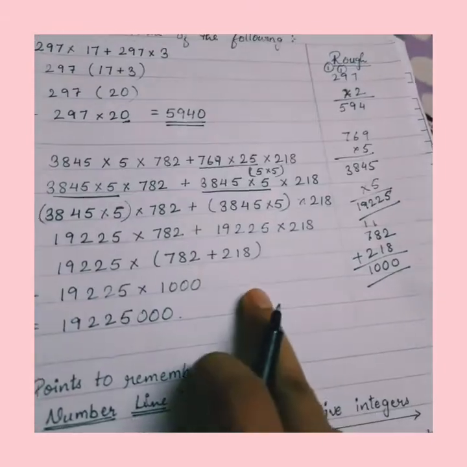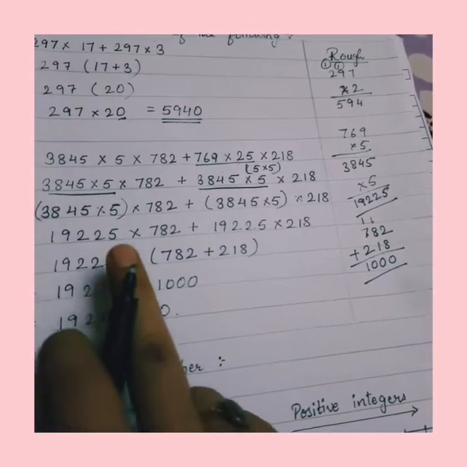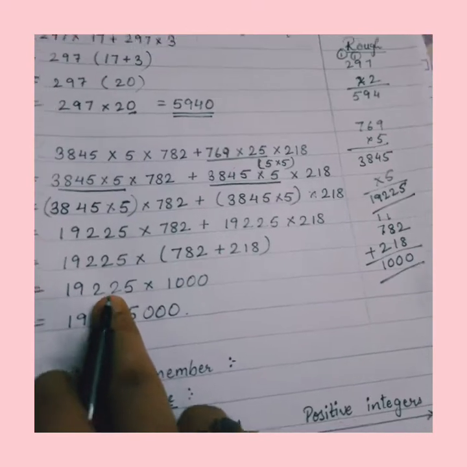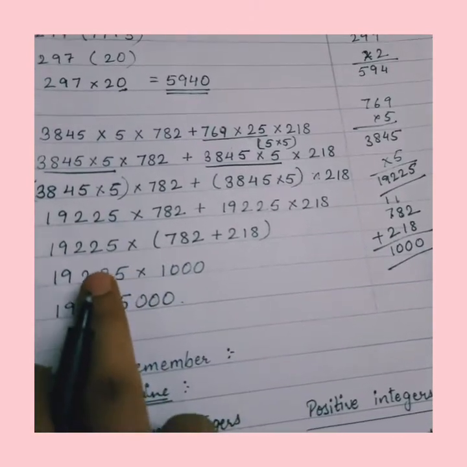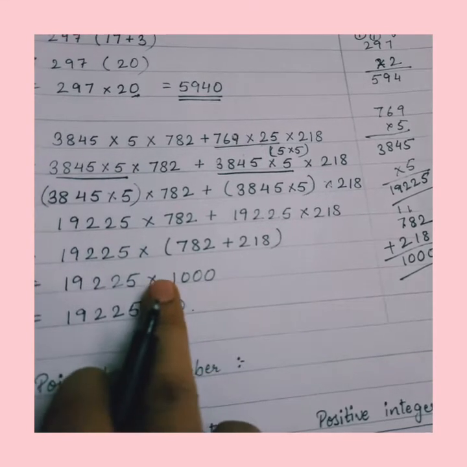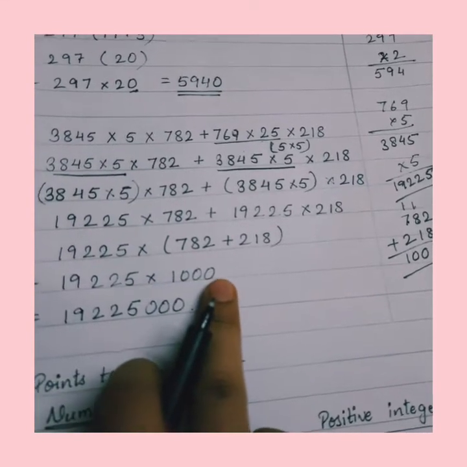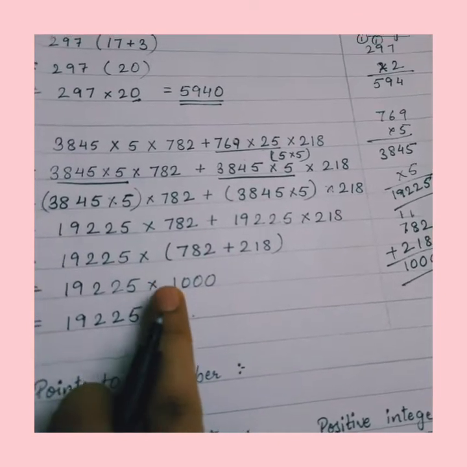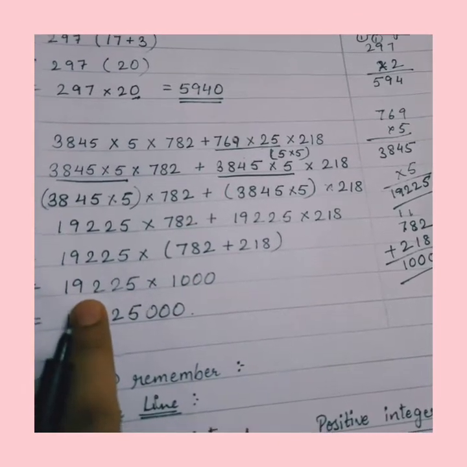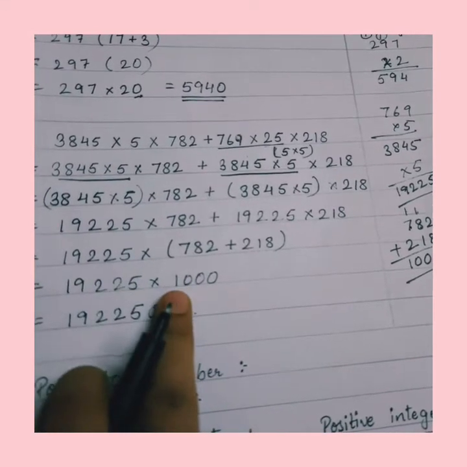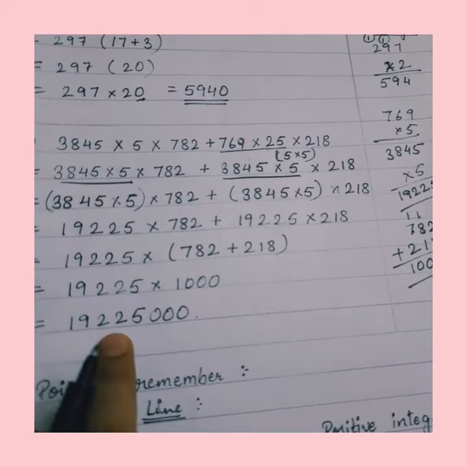So that 1000 is written here, and 19,225 will be carried upon here. As you can see, in this number only 1 is there, the rest are all zeros. So those zeros will be copied as it is, and 1 will be multiplied with the given number. And as we know, any number when multiplied with 1 gives the same result.